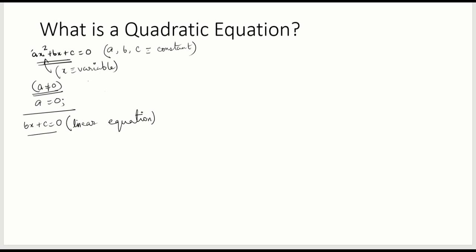So let's see the exact difference between a quadratic and a linear equation. In a linear equation, the highest power of the variable x is 1.